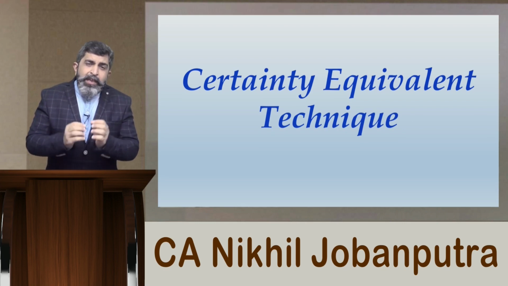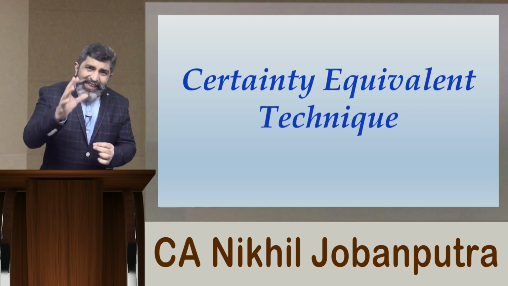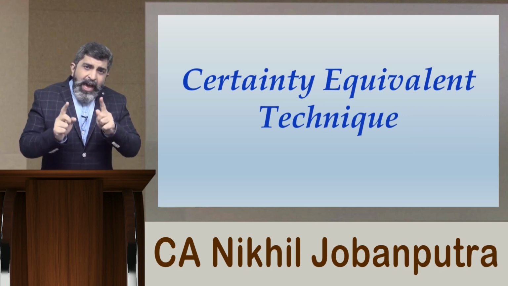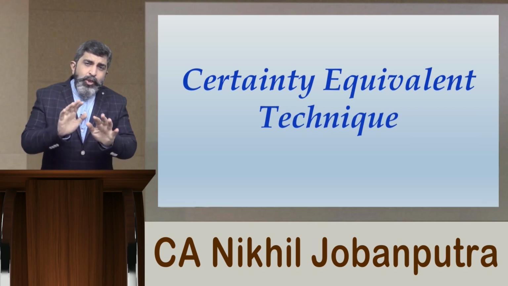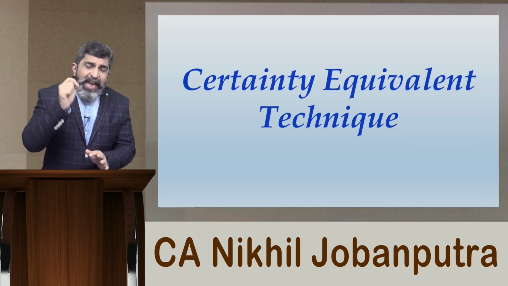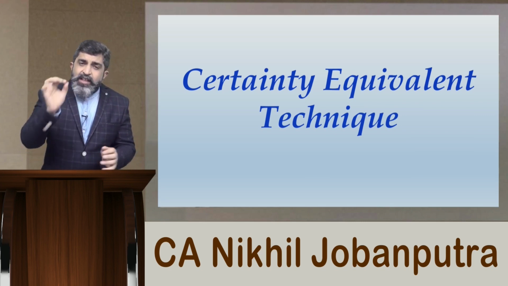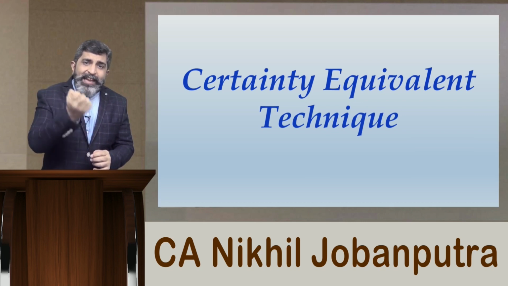Exactly in the same way, if I ask you how much cash flow you are expecting, you say 10 lakhs. I ask you then, are you certain that you will be getting 10 lakhs? You will say, no, I am not certain that I will get 10 lakhs, but I am sure that I will be getting 8 lakhs of cash flow as minimum cash flow, nothing less than that. That means you have certainty of getting 8 lakhs of cash flow.